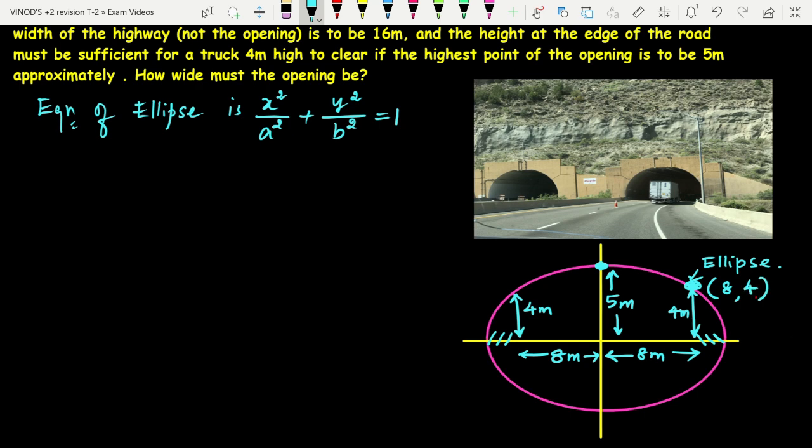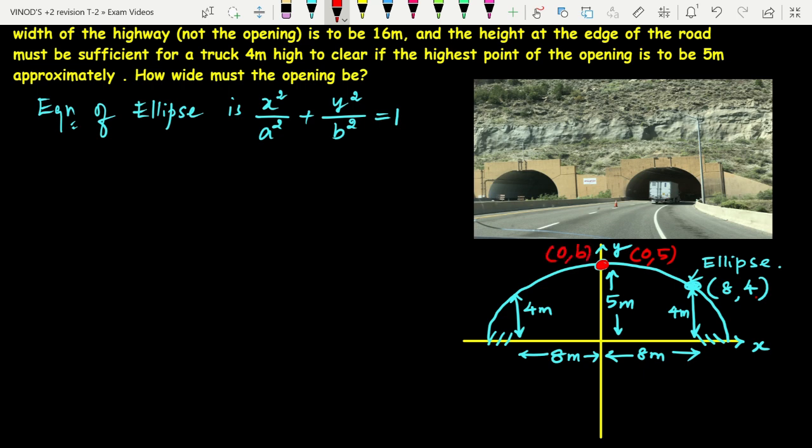So it is 8 comma 4 is the coordinate on the ellipse. This horizontal line is your x-axis, vertical line is your y-axis. Forget the bottom of the ellipse, you have only the top of the ellipse. This point on the top is 0 comma 5.